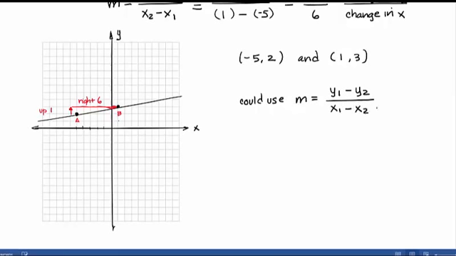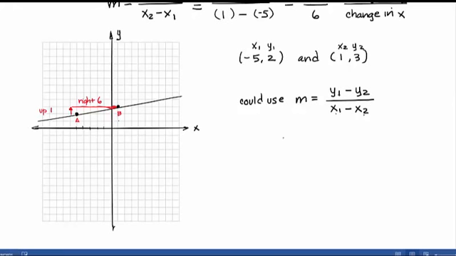Okay, we would have gotten the same answer. As long as we're consistent, that our y's are on top, our first point minus our second point, first point minus second point. So I have x1, y1, x2, y2.